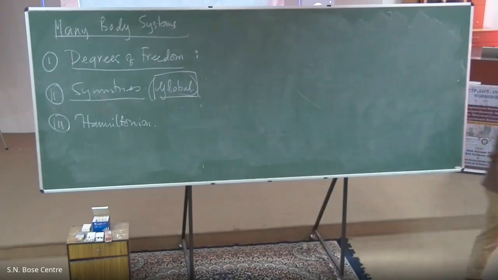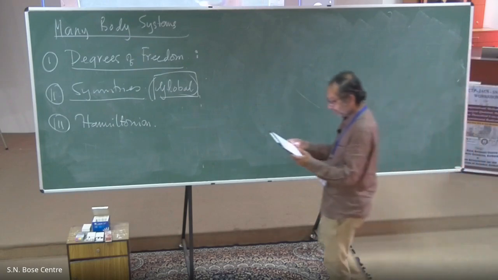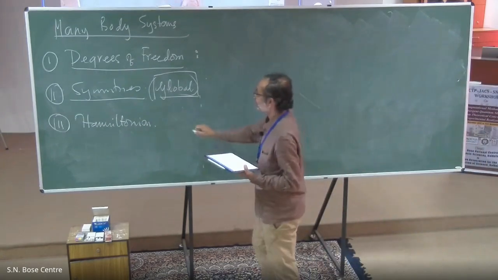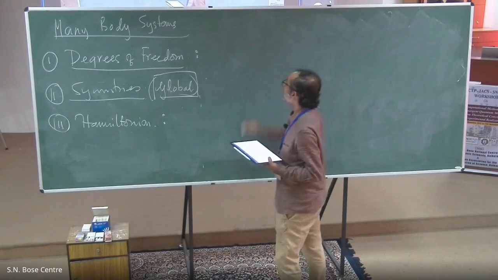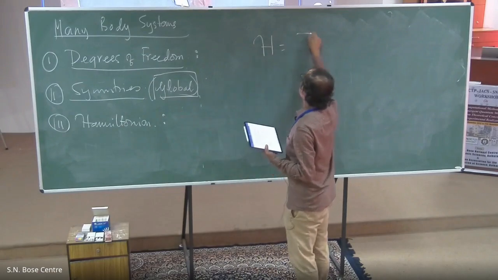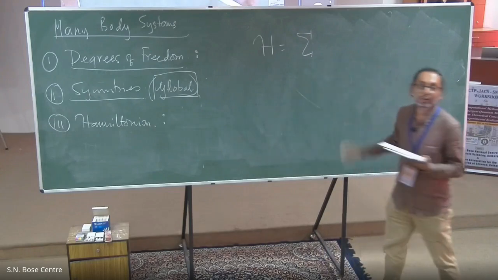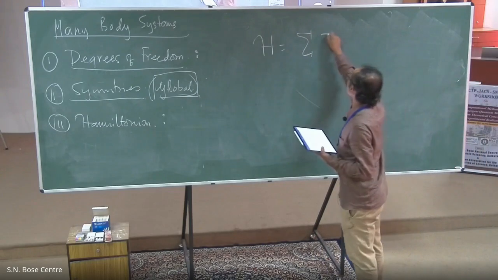So the final aspect is the Hamiltonian. The Hamiltonian has this feature that it usually is a sum of few body terms.